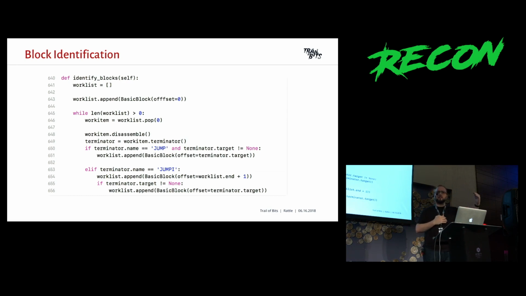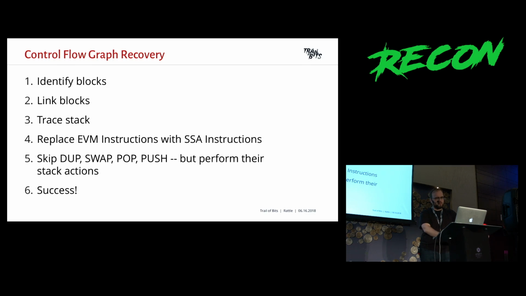But if your stack pointer is only at 7, it's going to look at the parent scope for the 5th item. And if that doesn't have a stack of 5, it'll go further. And you just go up the stack until the value is resolved. While I was initially pretty happy with this approach, it turned out to be pretty problematic. For example, how do you resolve your parent stack if your control flow graph is incomplete? So you get into a lot of fun control flow graph recovery issues.